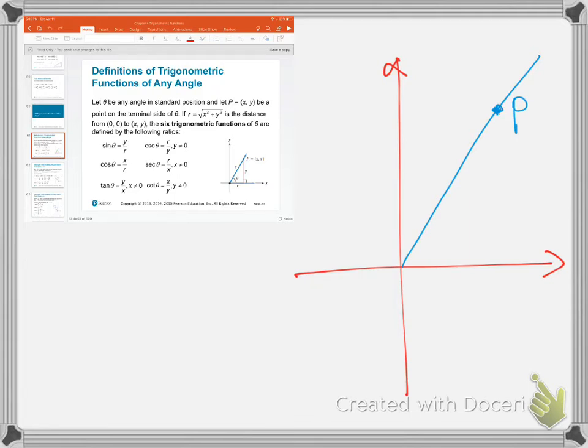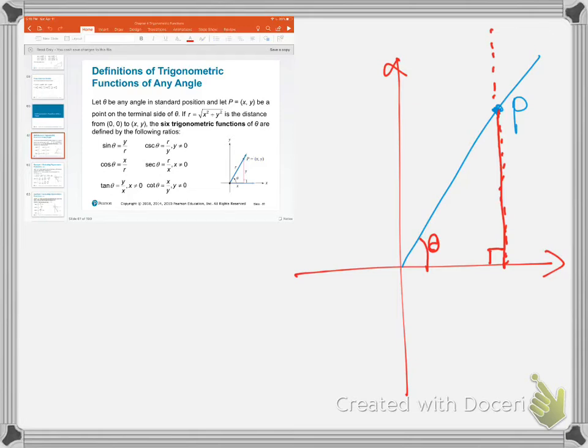How do we define the trig functions? We need a right triangle. How do we draw a right triangle based on P? We draw a vertical line, not a horizontal line. This is very important. Some students draw a horizontal line. We draw a vertical line passing through P, and then we make a right triangle with the right angle here, for this angle theta.